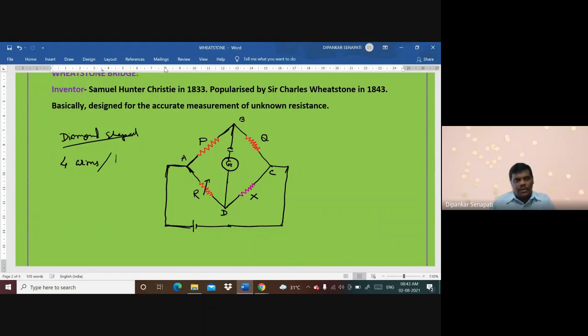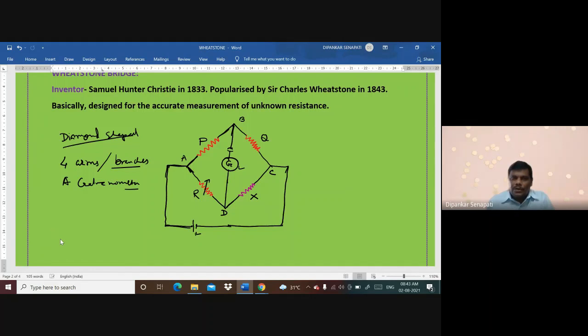Let us call these branches. Four branches. And you can see that there is a galvanometer. This is the galvanometer, and we connect the source of current.